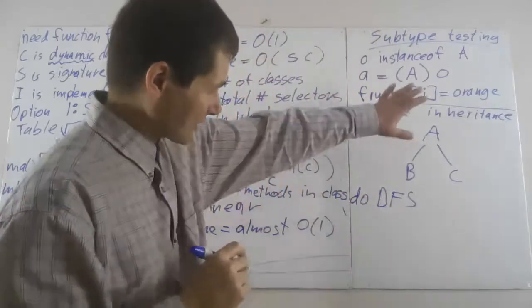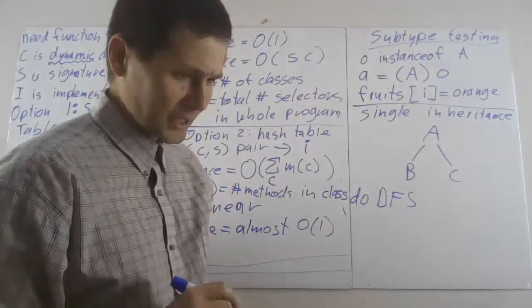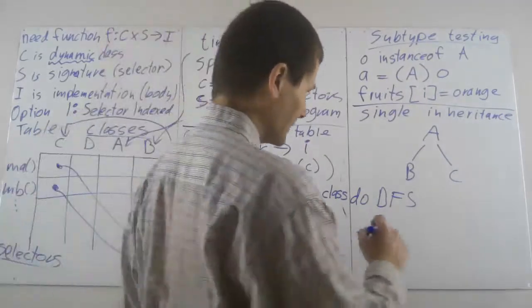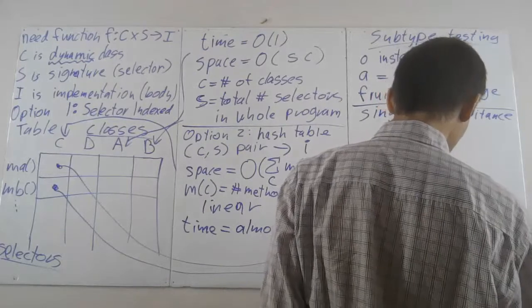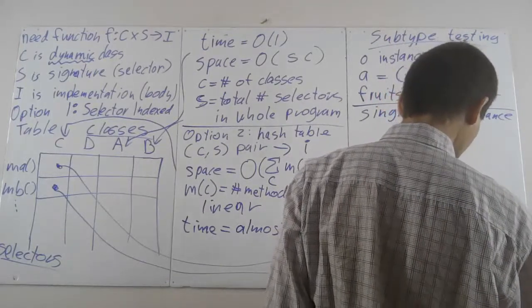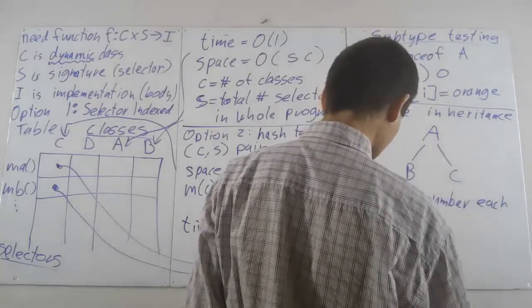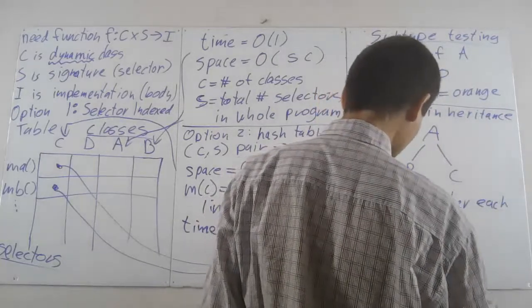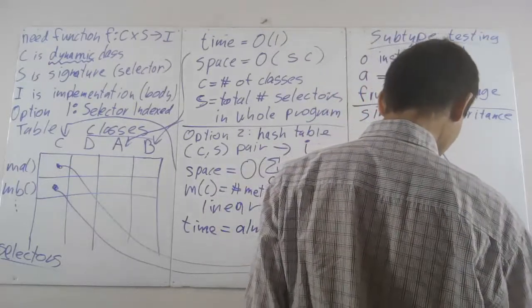I'm going to traverse my inheritance tree of classes, and I'm going to number each class with two numbers, a starting number and a finishing number, so an interval.